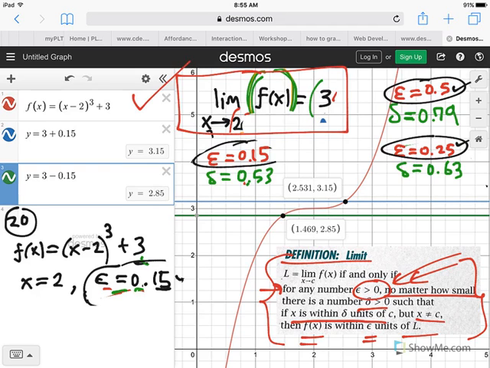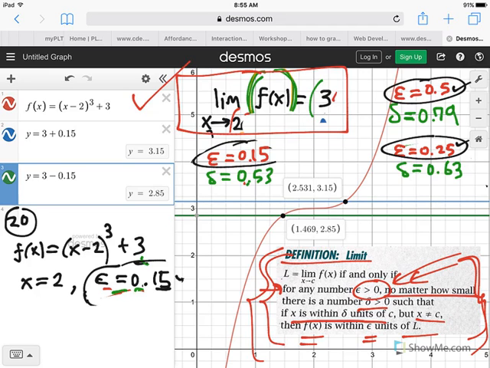And that's called an analytical approach because we're using this definition. We looked at it numerically and graphically in lesson 1, and now we're going to look at it algebraically by using this definition of limit.